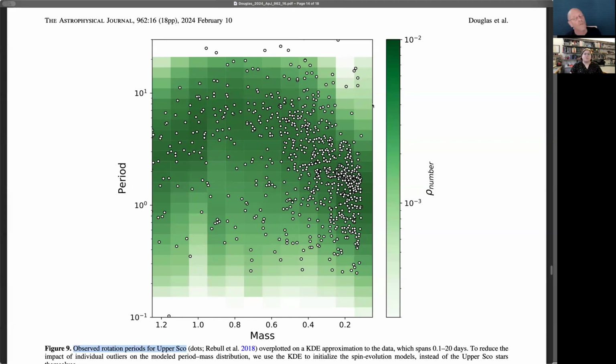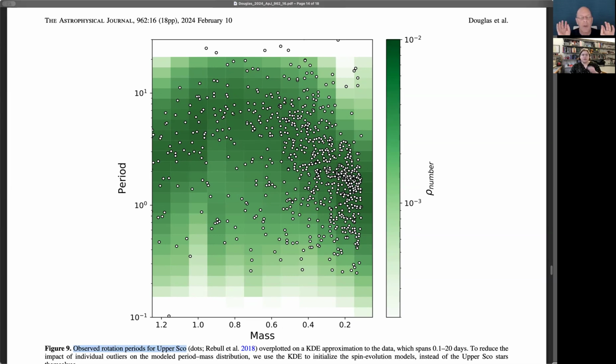The goal was to capture the broad shape of the Upper Sco distribution, but not get caught up by having these period outliers have a strong impact on the rotation distribution that we're predicting at later ages. We only go up to 20 days, which does leave out a couple of the slowest rotators in Upper Sco, but we don't think that affects our results very much.